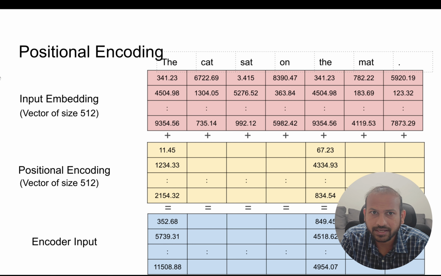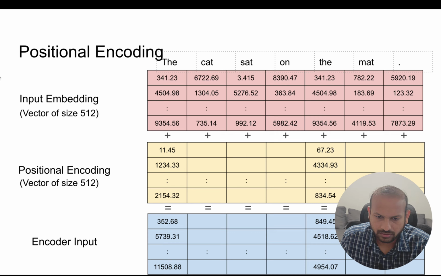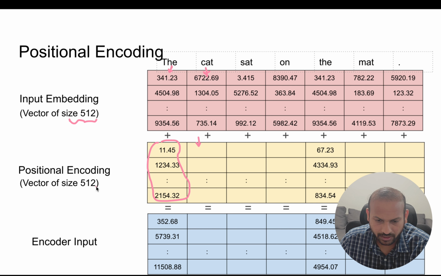Now for the same sentence, the cat sat on the mat, we have the input embedding vector that we derive from the previous step. So for each of these tokens, we have an input embedding vector, which is of size 512, and this number is presented in the paper Attention Is All You Need. So for each token, we have a positional encoding vector of size 512.